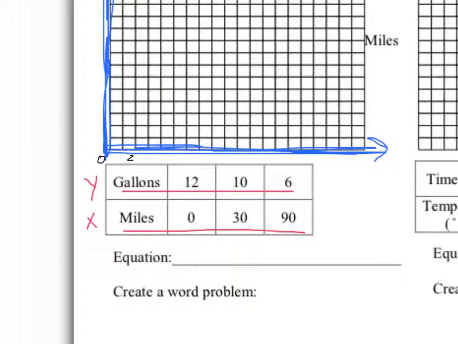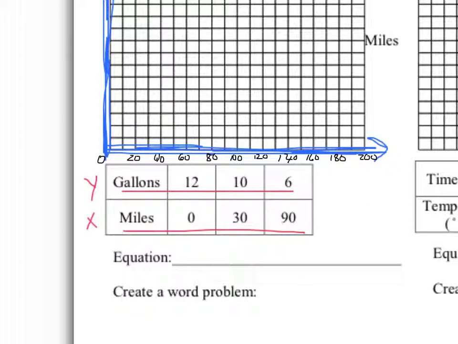I'm going to skip one, label 20, 40, 60, 80, 100, 120, 140, 160, 180, 200. I've just labeled every other one because I don't have space to label them all.